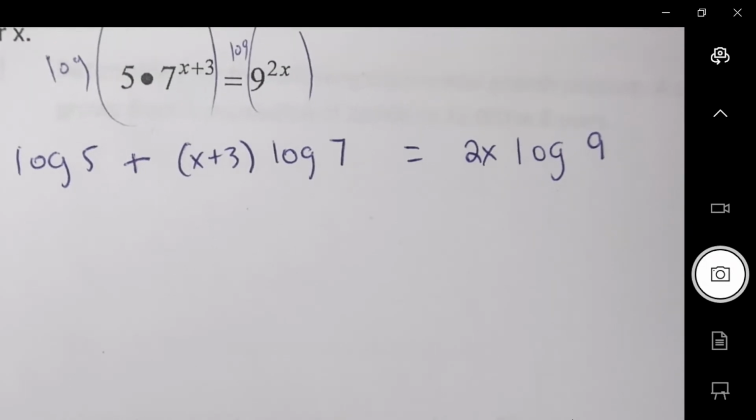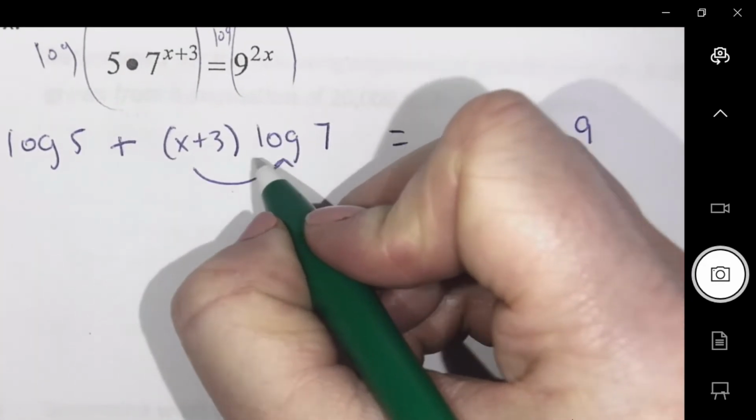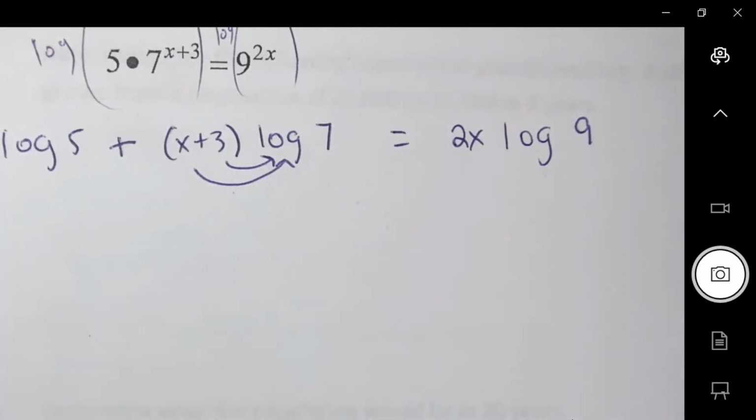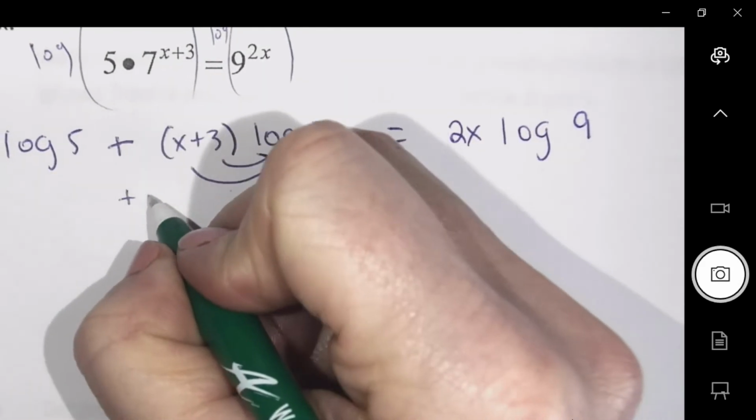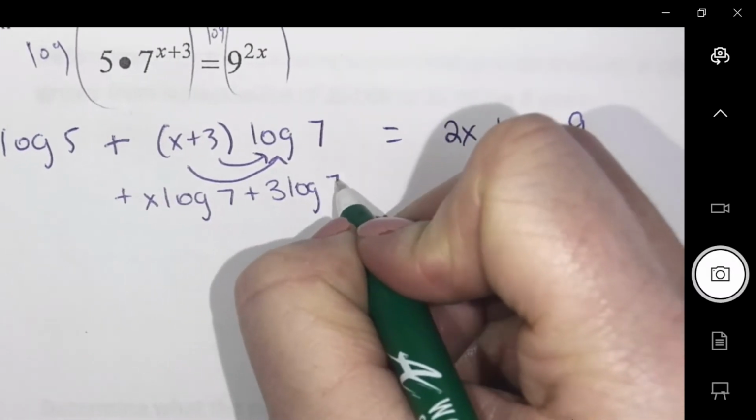Okay, there's the log rules. Multiply, added, exponents have all moved. Okay, I need you to give me that distribution. So plus x log 7 plus 3 log 7.